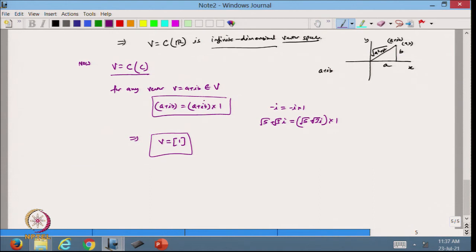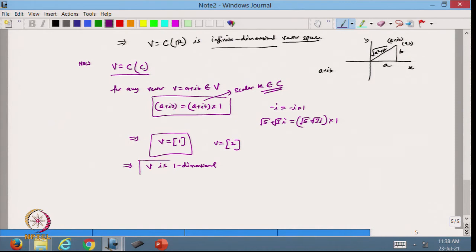Here the scalar k is coming from the set of complex numbers, and from here we can say that the vector space V is one dimensional. Or I can say V is spanned by 2 in this way, divided by 2 into 2, but it will have a basis which contains only one element.